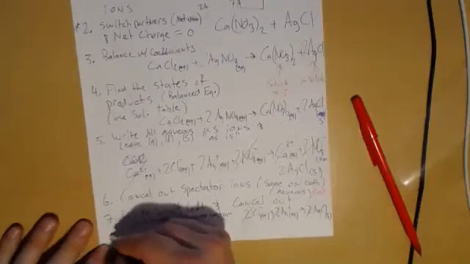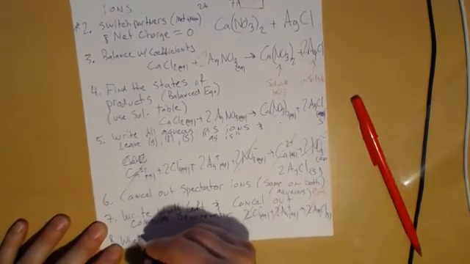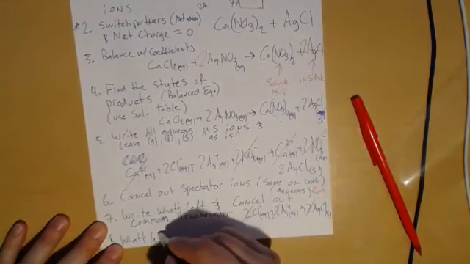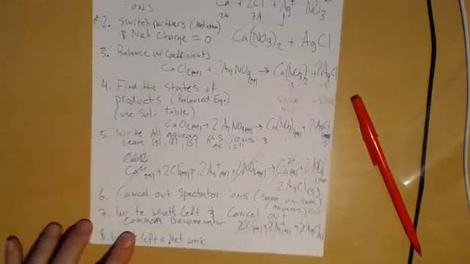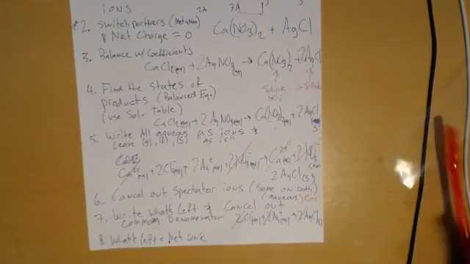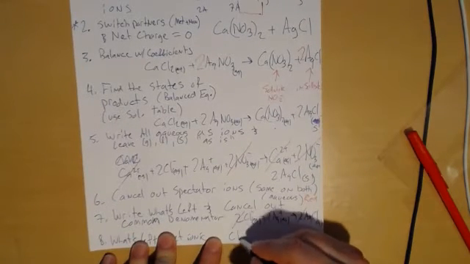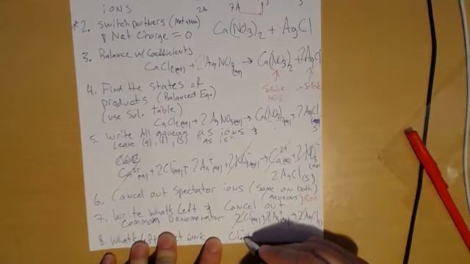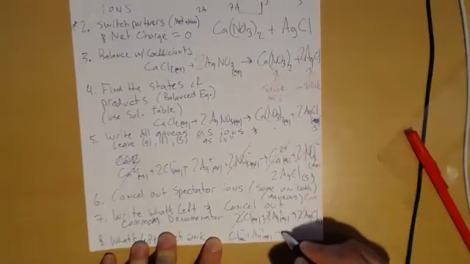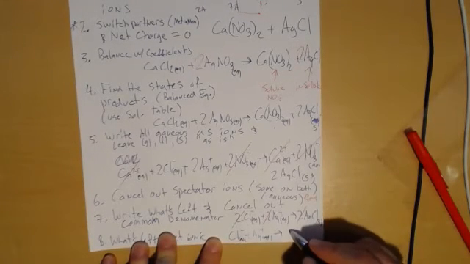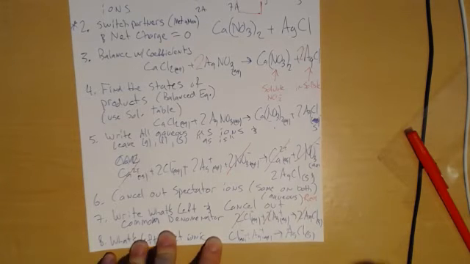And then 8, what's left equals the net ionic. And so that would be chloride minus aqueous plus silver plus aqueous goes to silver chloride solid.